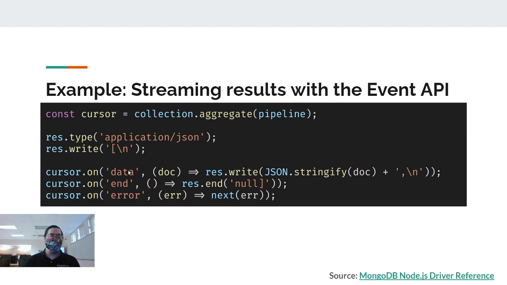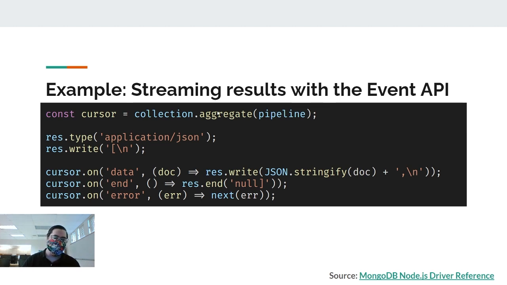So what I can do, and my whole goal here is to spit out the data from the cursor as JSON back to the client, but I want to spit it out piece by piece as it comes in. Okay, so the first thing I need to do, here's the pipeline.